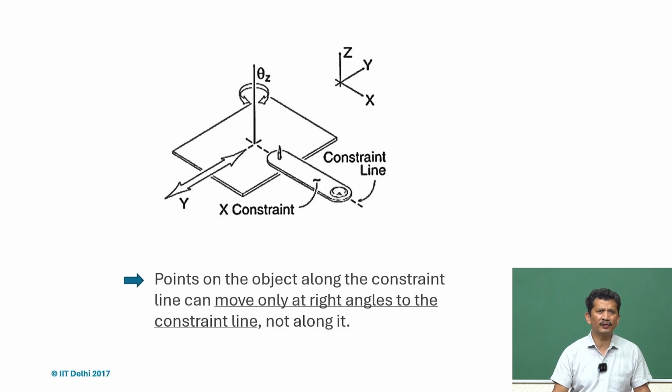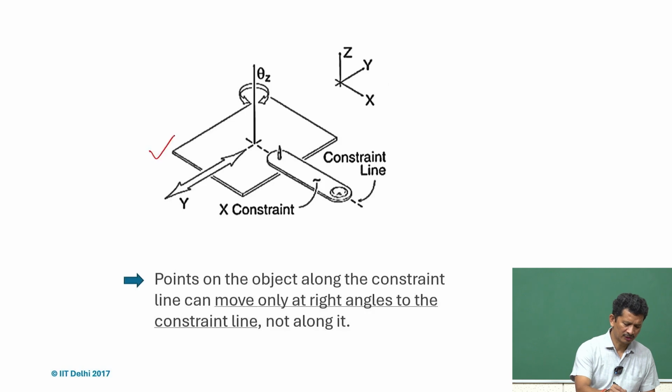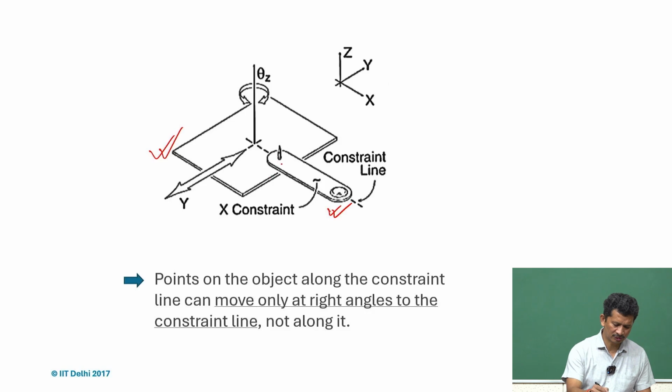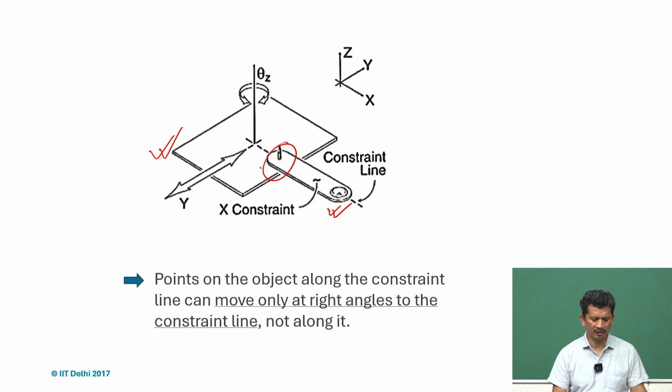Very simple example here: we can put a piece of paper and use a pin to tag on the board and just insert another pin here. So, this can also provide a constraint, and there is a new term used, which is called constraint line.